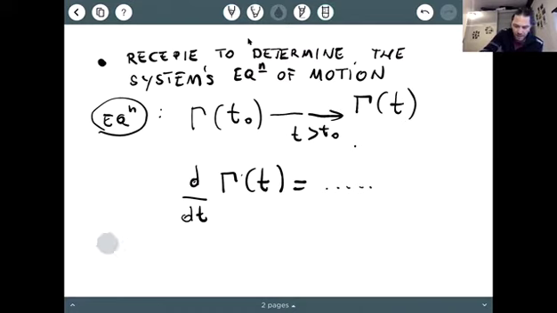In general, a physical theory requires a recipe to build an equation of motion. The equation of motion is basically something that tells you what is the time derivative of your state. How does your state change with time?